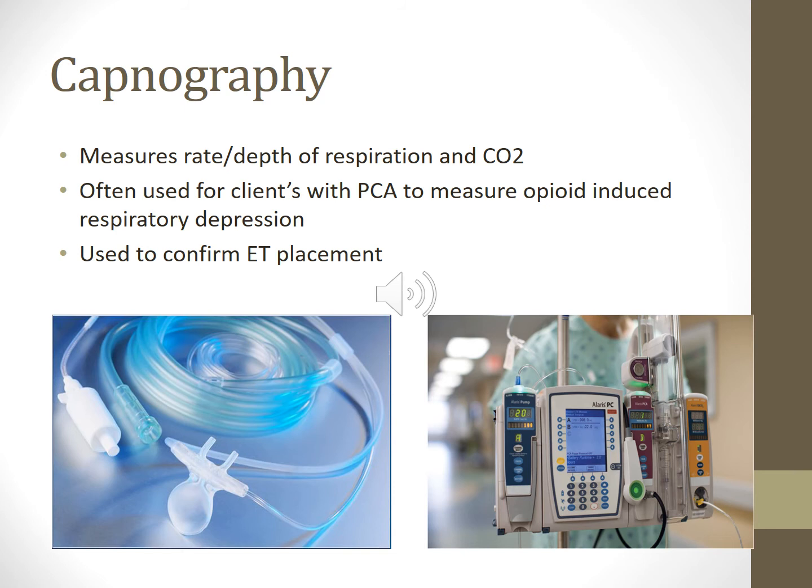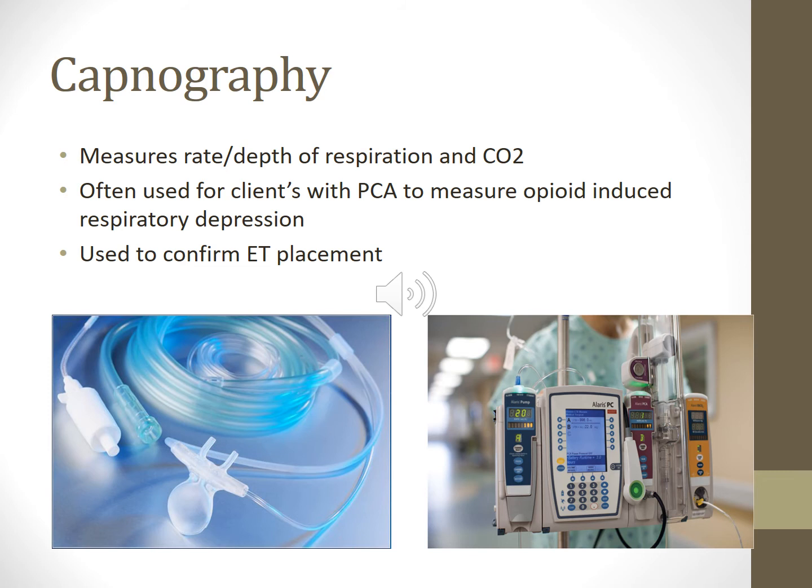And we talk more about a PCA pump in our pain chapter. But we do want to monitor these patients, and so we will put in this tubing, and you can see it in the picture here on the left, and it almost looks like oxygen tubing if we were going to give patient oxygen, but it actually has a little bubble on the other end of the prongs, and that's how we know this is for capnography.